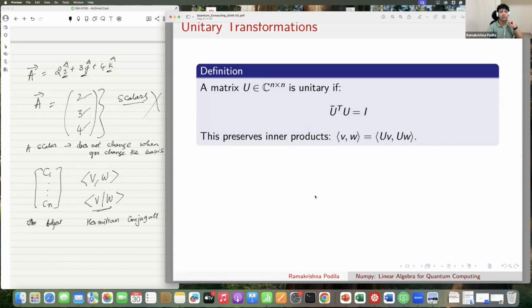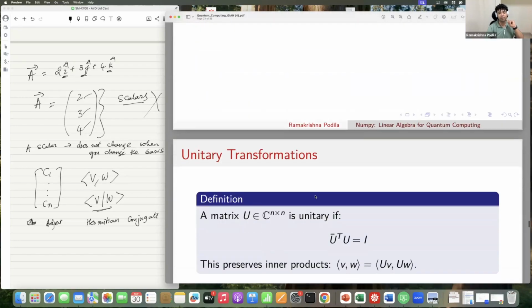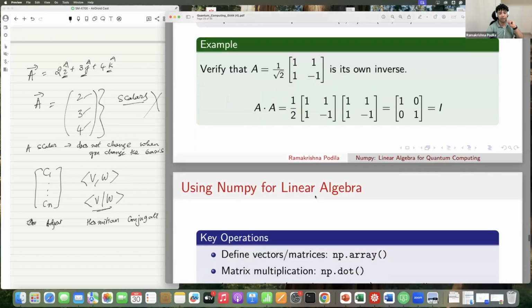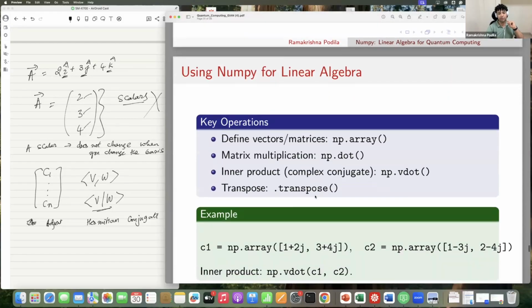So unitarity preserves the inner products. That is, the total probability, for example, is preserved. It remains 1. It does not change.